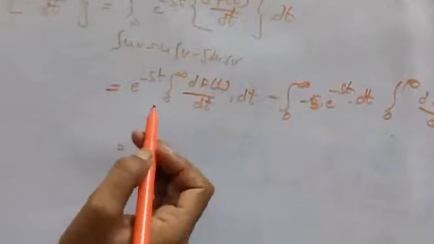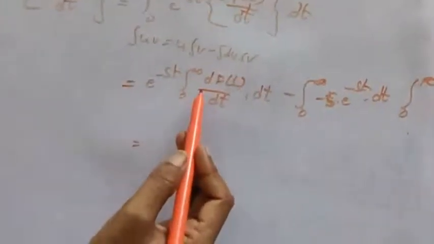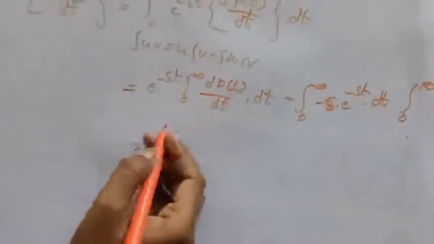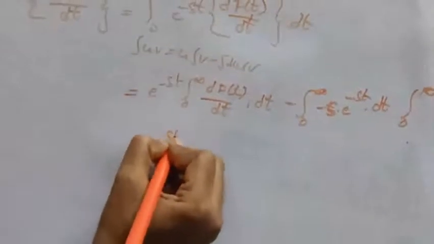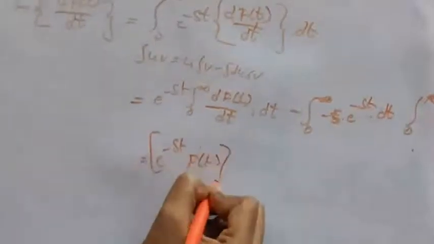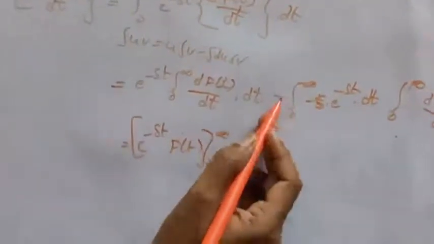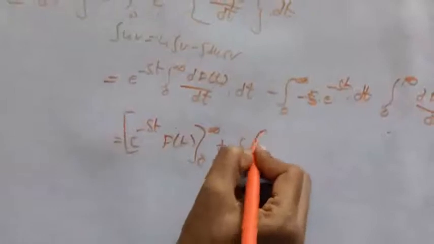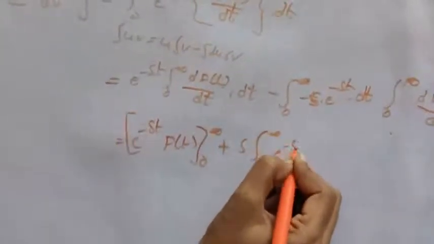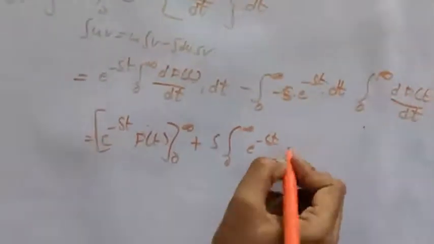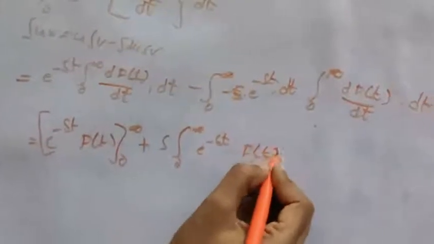Now here, integration and differentiation get cancelled, and applying the limits for f of t, what will we get? E power minus st into f of t, applying the limits 0 to infinity. Minus into minus becomes plus, integral 0 to infinity e power minus st. Here also integration and differentiation get cancelled, and f of t dt will remain.